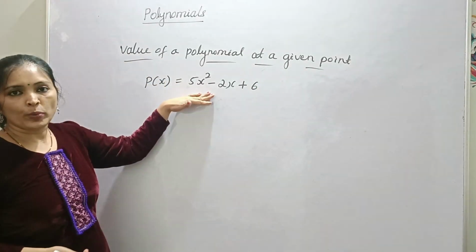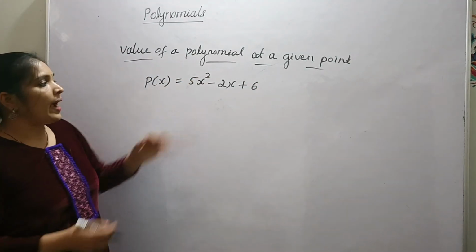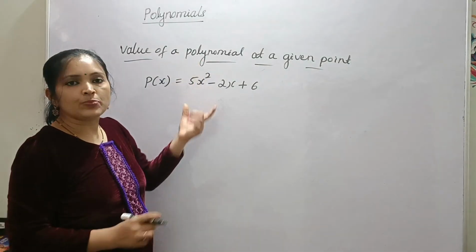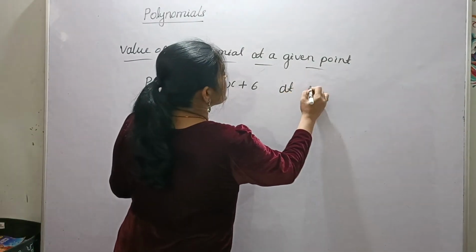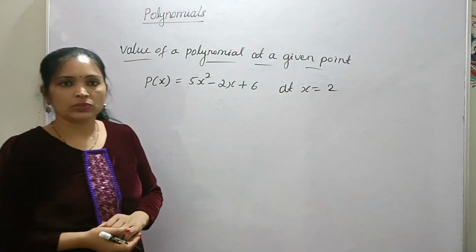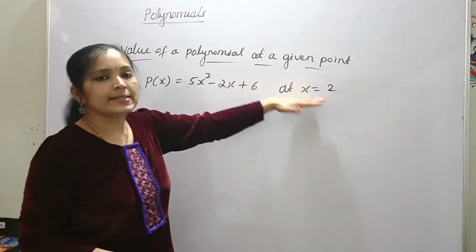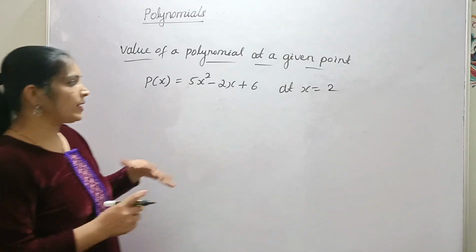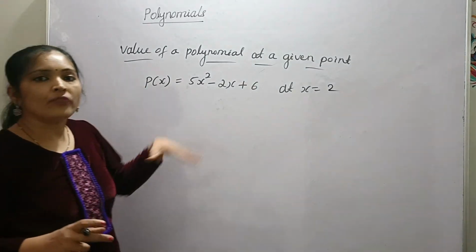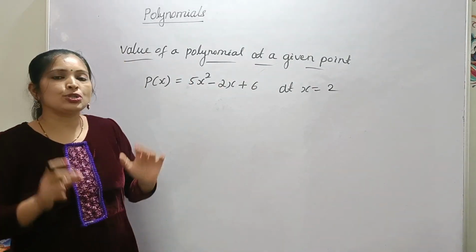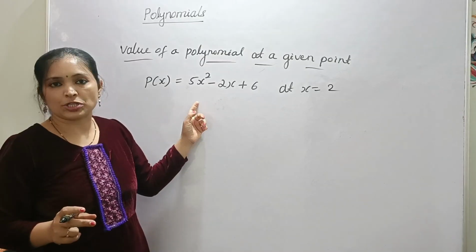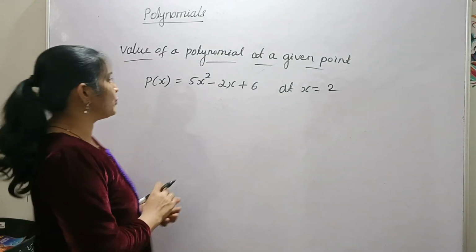It's a polynomial of degree 2 and here we will find its value at x is equal to 2. To find the value, we will substitute x is equal to 2 in this expression.